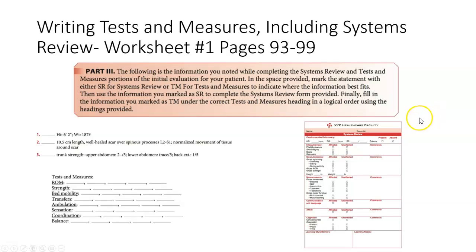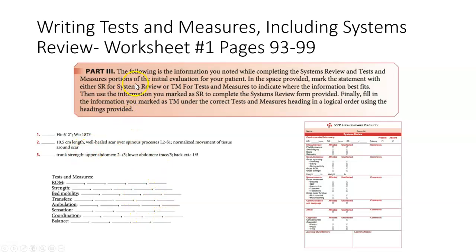We're going to continue on now and make a more comprehensive approach with this, looking at all of the different components within that. So you're first going to mark whether this is part of the history or systems review or tests and measures for each of the different components there.